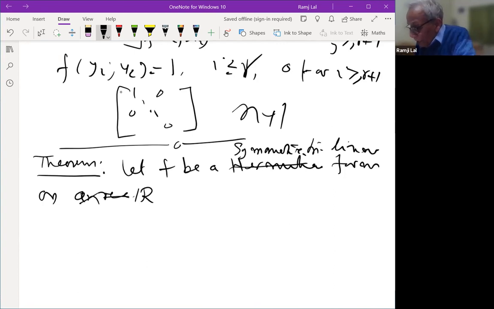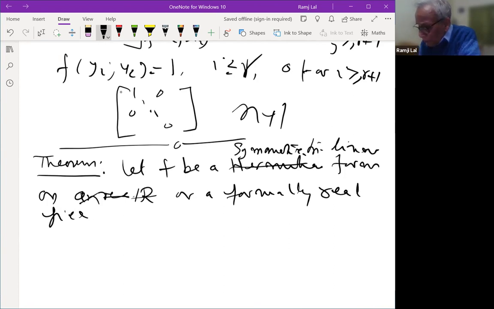So R, right? On R, a formally real field. That means it is an ordered field, right? In an ordered field, you have the concept of positive real numbers and negative real numbers.